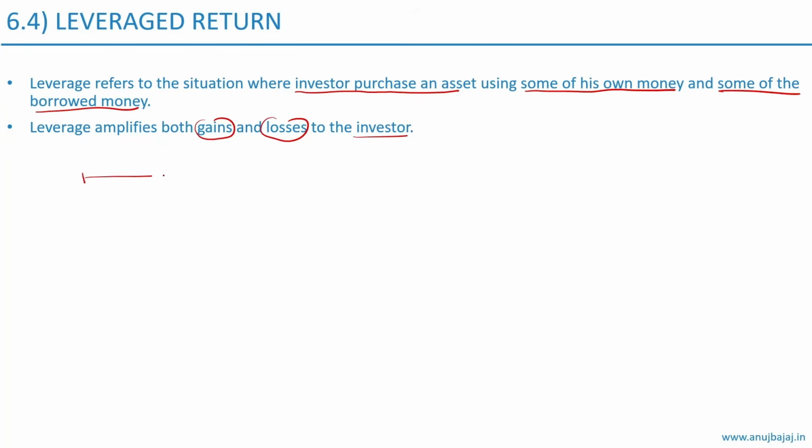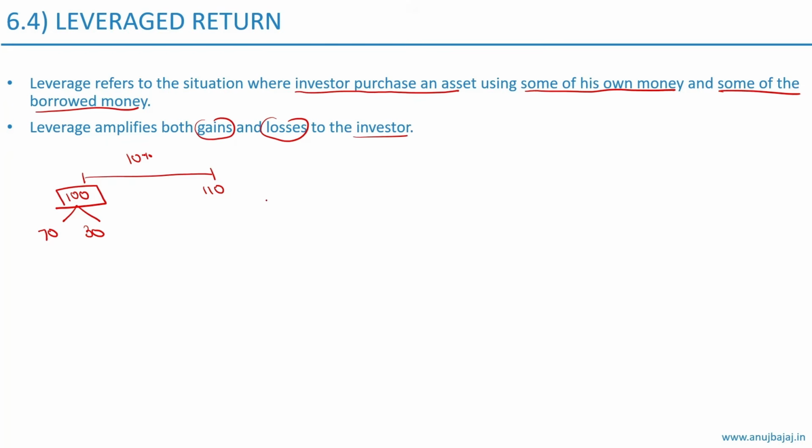Suppose an investor purchases an asset for $100 and he sold the asset for $110 after 1 year. So the return he earned is 10%. Now suppose instead of investing his entire money, he invested just $70 of his own and borrowed $30.